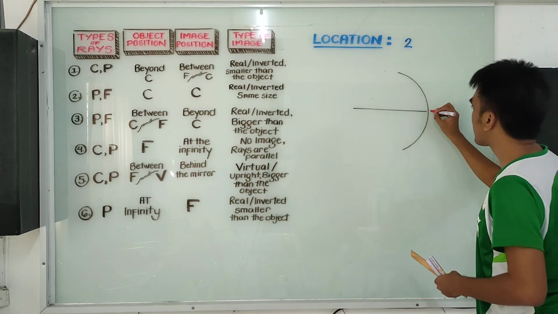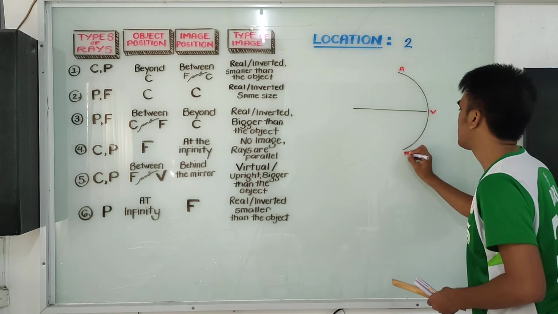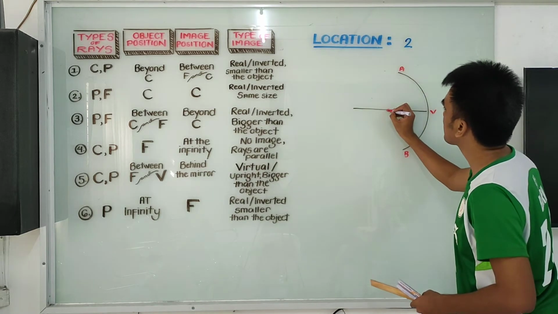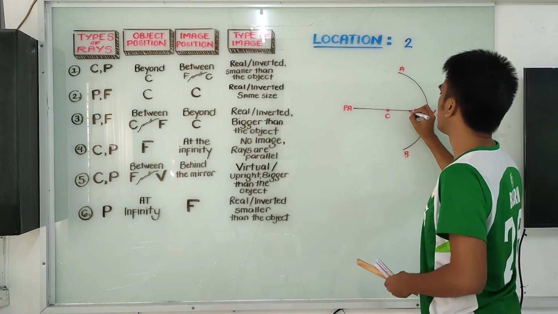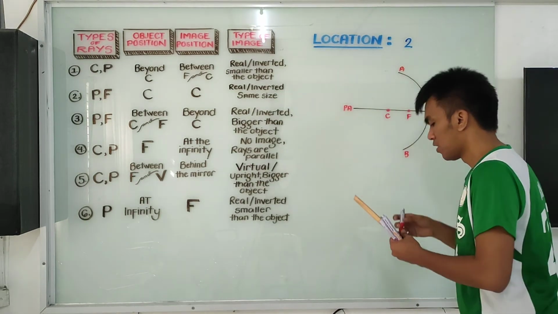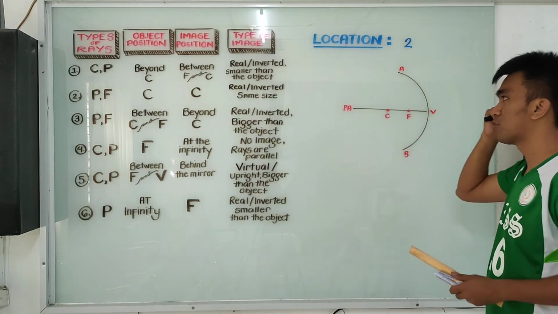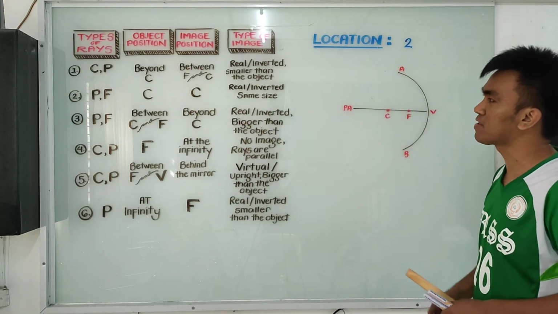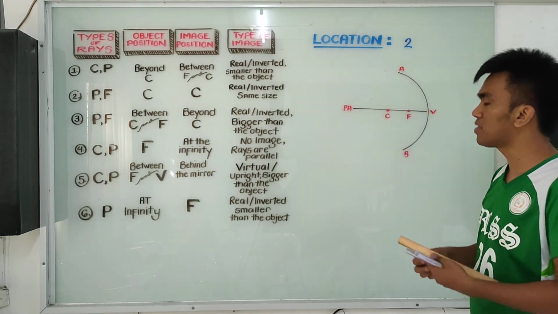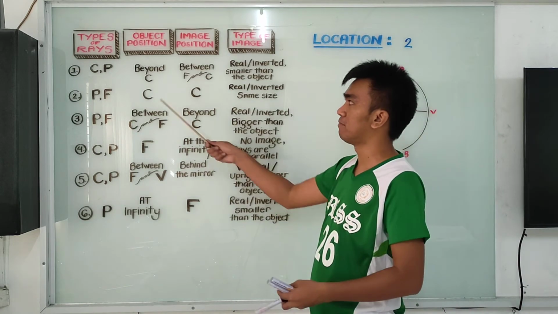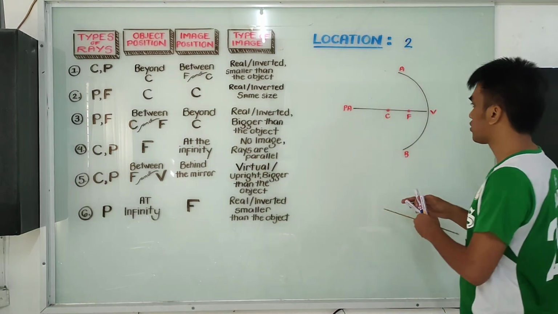So this is the vertex. This is the aperture again, the center of curvature, the principal axis, and the focus. So earlier, on the first location, the object is located beyond C. But this time, the object is located at C, or the center of curvature.